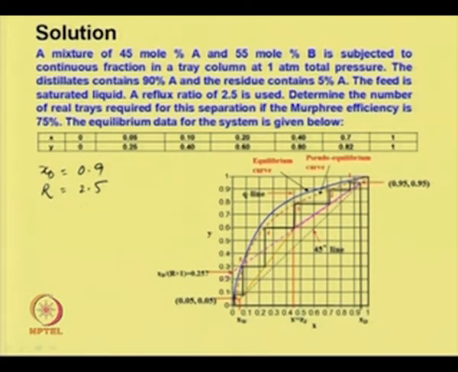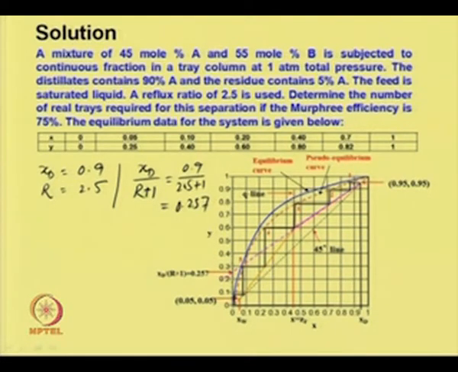So, we can calculate xd by r plus 1, which is equal to 0.9 divided by 2.5 plus 1, which is equal to 0.257.